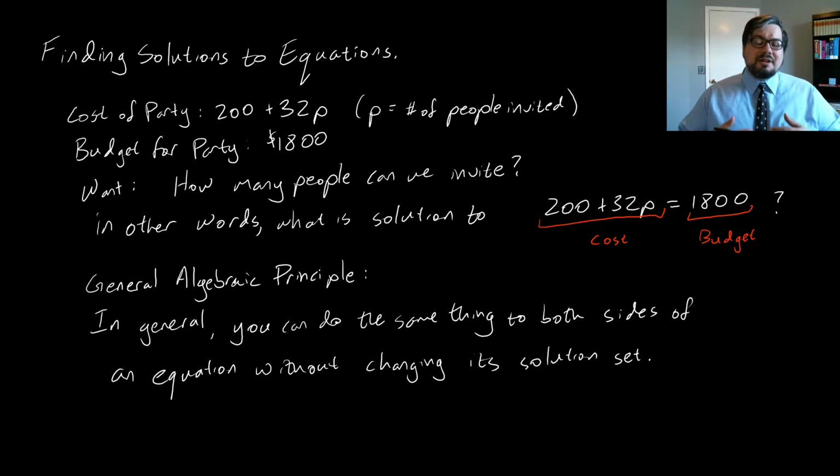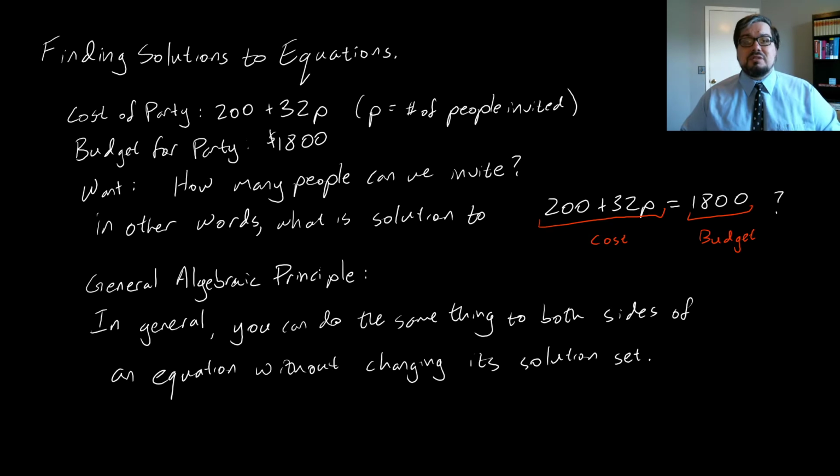In general, if I've got an equation and I want to get another equation that has the same solution set, I can, as long as I change both sides of the equation in the same way, as long as I balance things out.